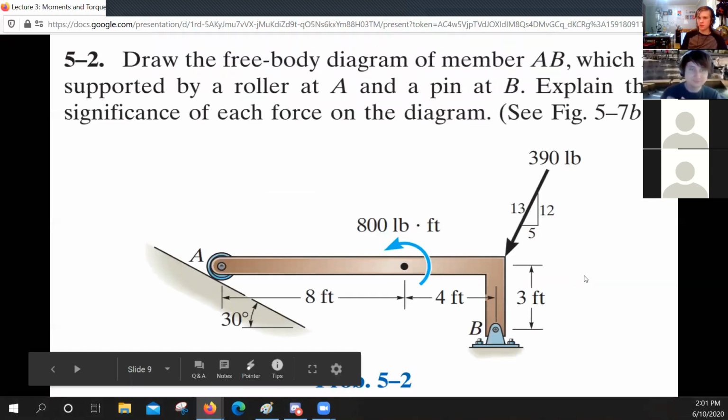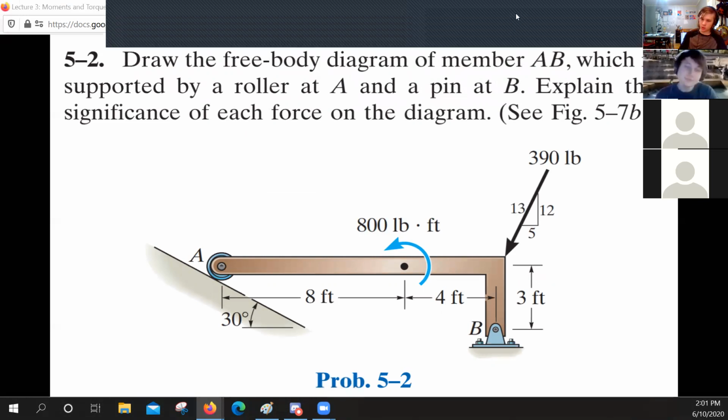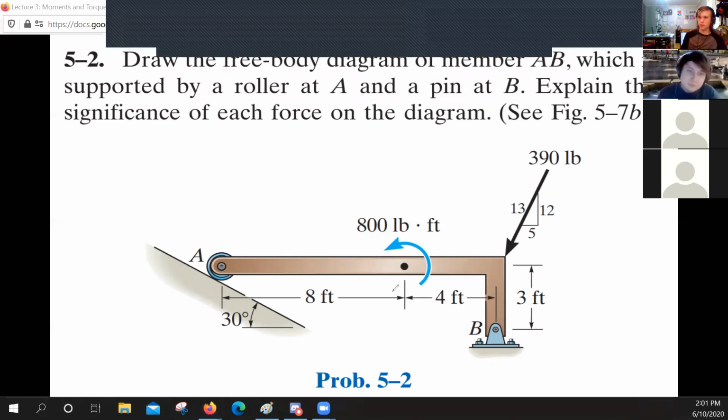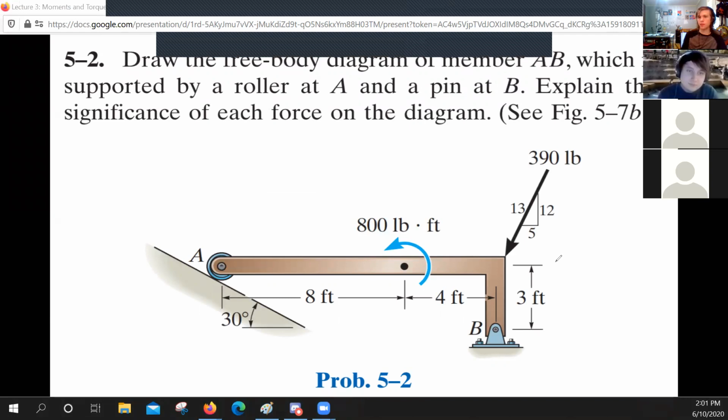Now, here's a doozy. Not actually. This is actually a pretty easy problem. It looks weird and difficult, but it's not that bad. We solved this the exact same way that we solved the other problem. But in this case, we're doing moments in multiple places. Last time we only did one moment, around the front wheel.